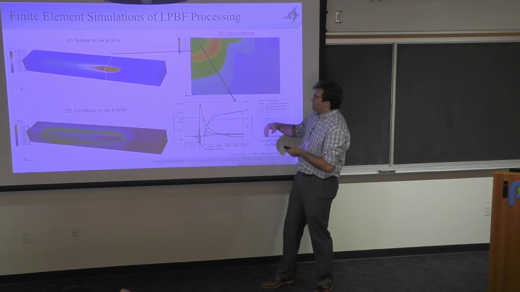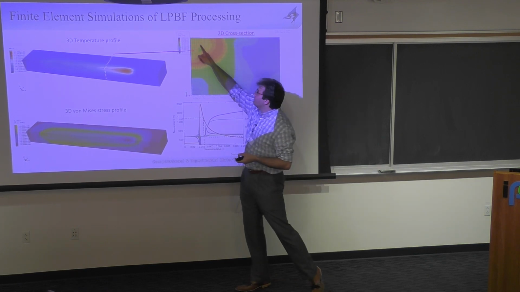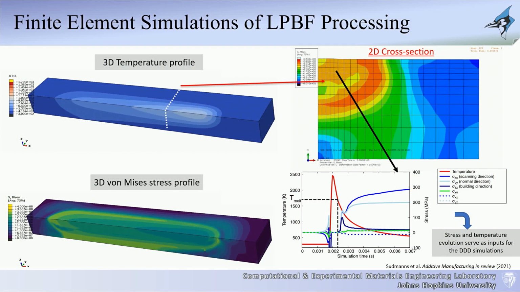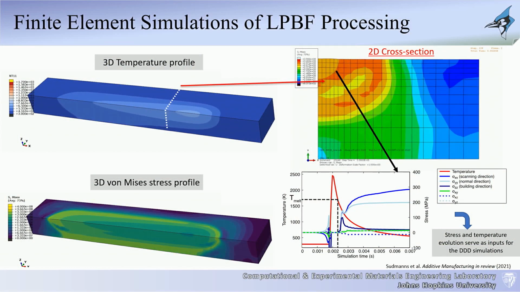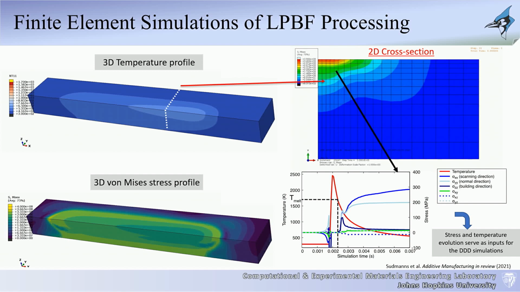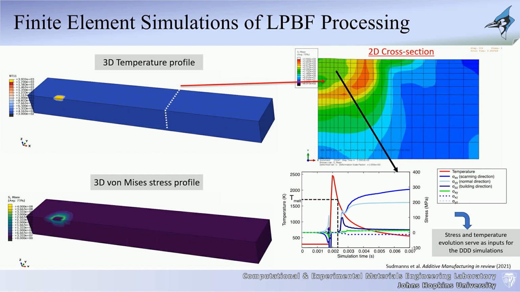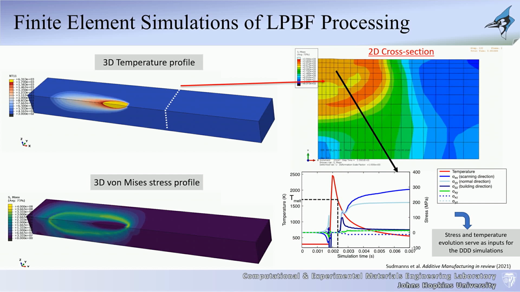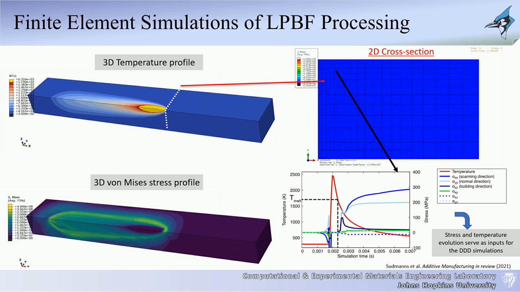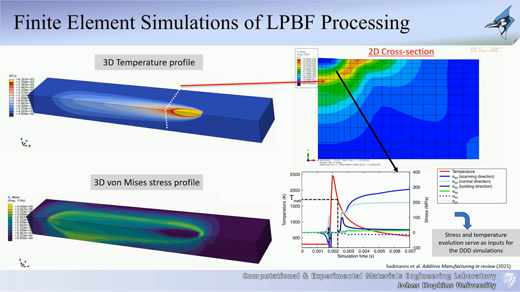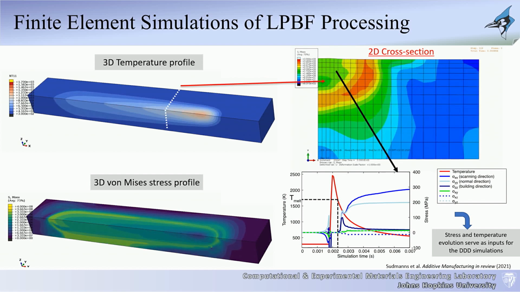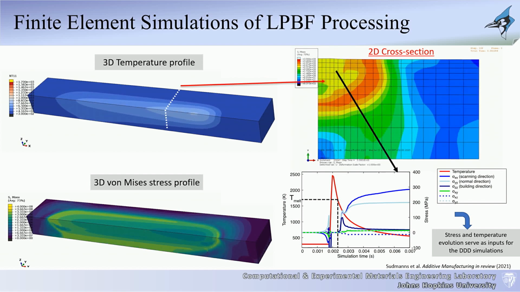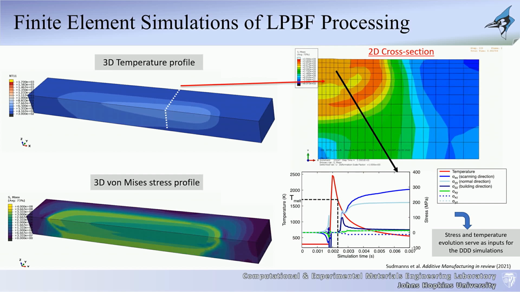So the way that we attempted to do this is we said, okay, if I know the stress distribution at different points, I can represent dislocation structure evolution at the different points. So for what I'm going to show you in the rest of this talk, we chose this point here. If you choose that point and look at the temperature profile, that's the red curve. If you look at all 6 components of the stress tensor, this is how our model predicts they're going to evolve for that particular point.